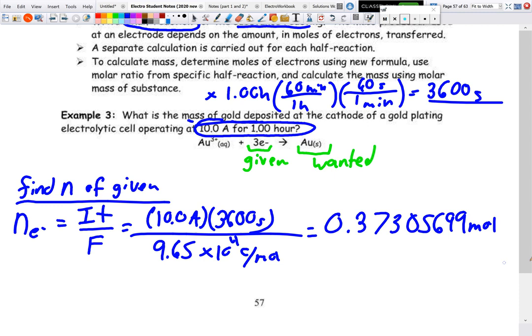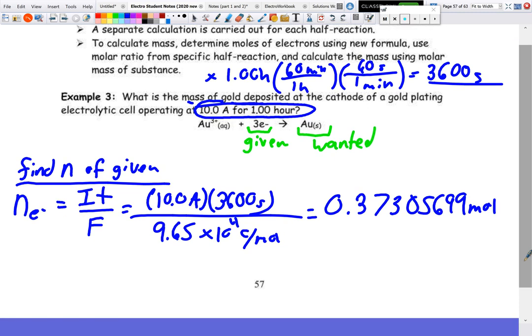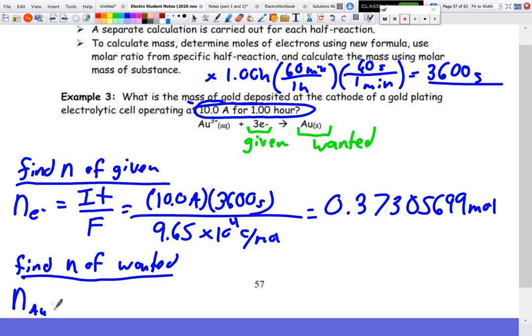So our next step in stoichiometry is always find the number of moles of our wanted, right? And of course we use our mole ratio. So this is where we go. The number of moles of our gold is equal to the number of moles of our electrons multiplied by our mole ratio.